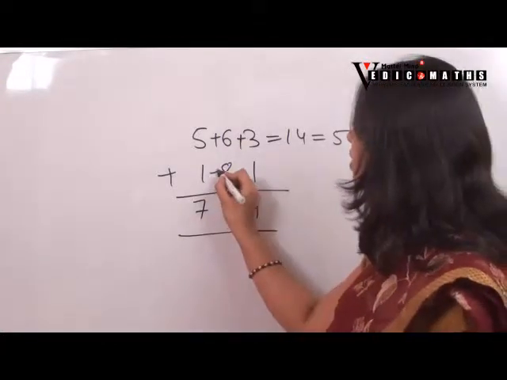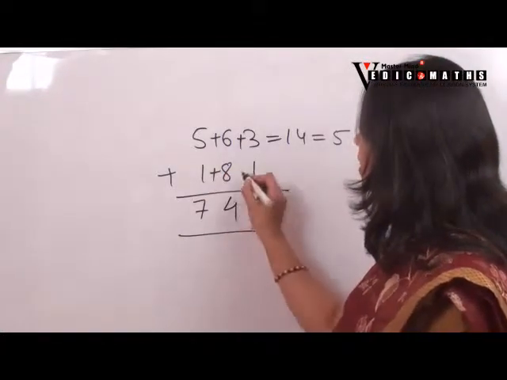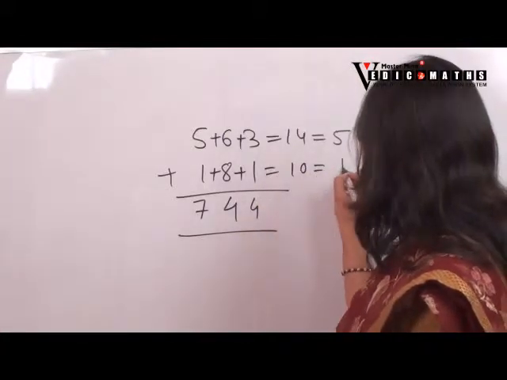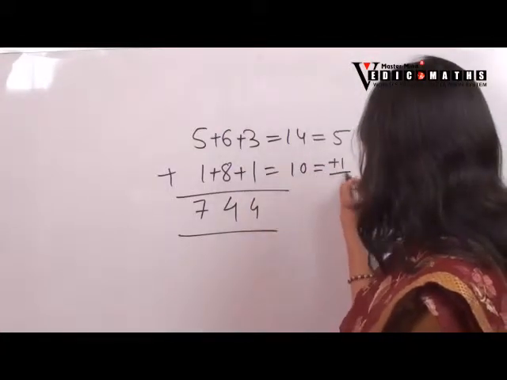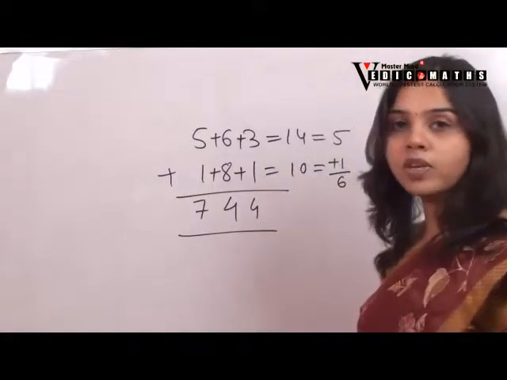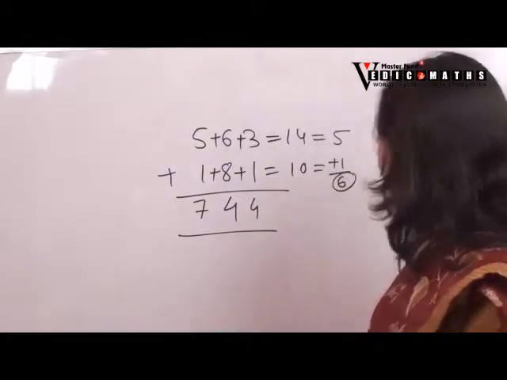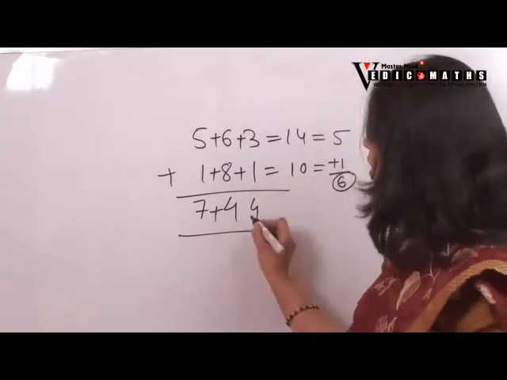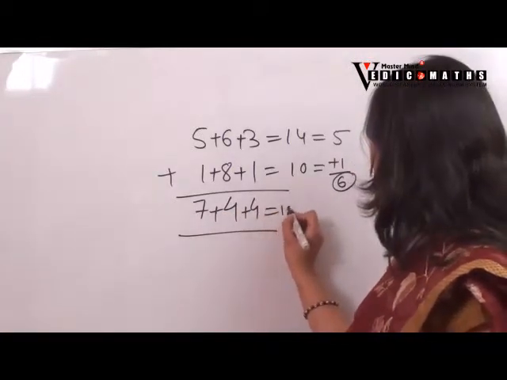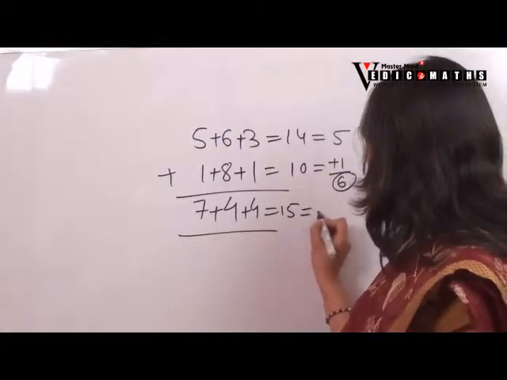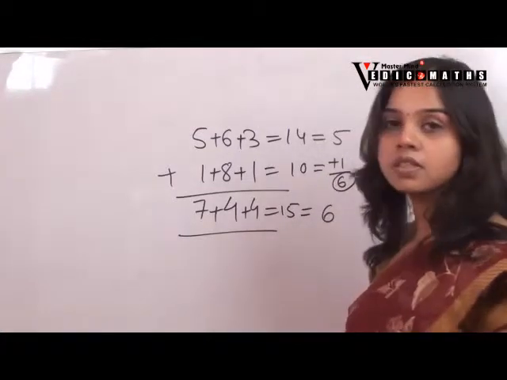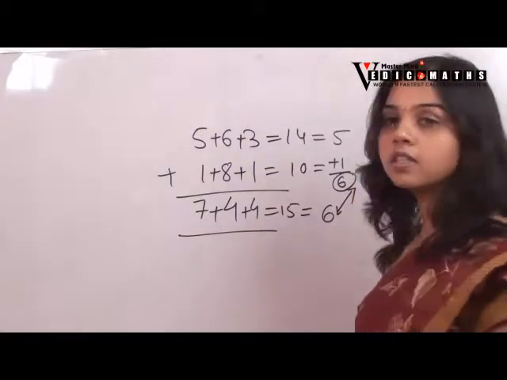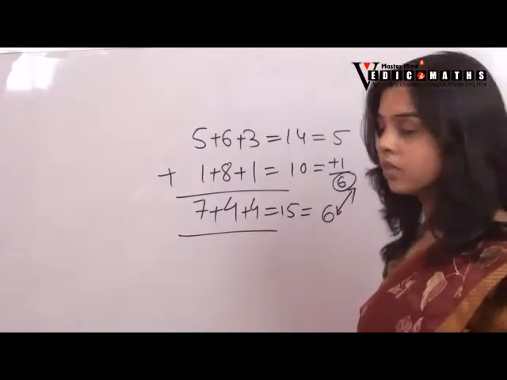For 181, 1 plus 8 is 9. 9 plus 1 is 10. That means 1 plus 0 is 1. 5 plus 1 is 6. From the question we got 6. From the answer, 7 plus 4 is 11. 11 plus 4 is 15. Again 1 plus 5 is 6. From question and answer we got 6. That means our answer is correct.